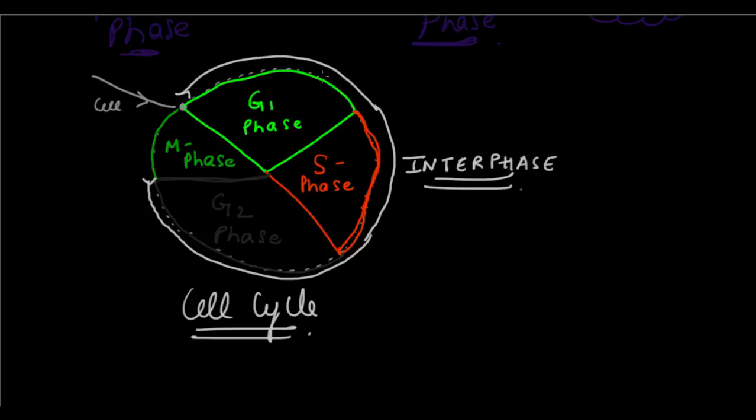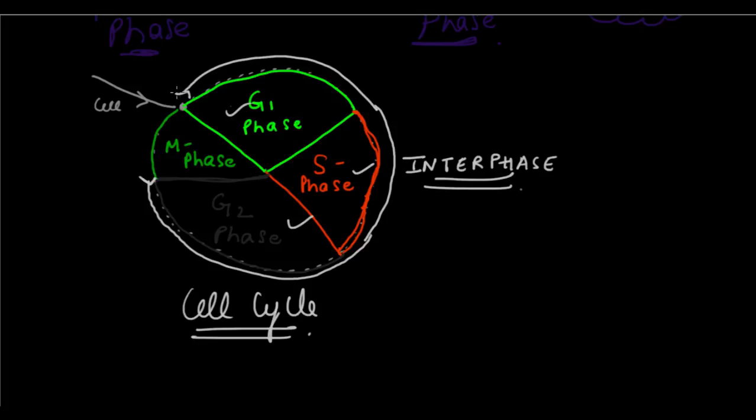So together, the G1 phase, the S phase, and the G2 phase form the interphase, this part of the circle. But only the M phase is a separate phase where the division process takes place, which we've discussed above.